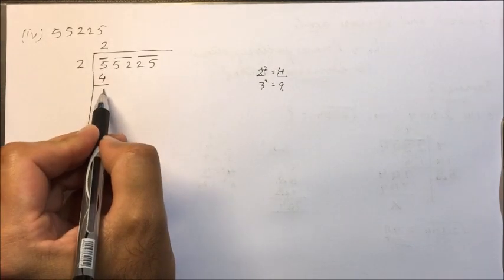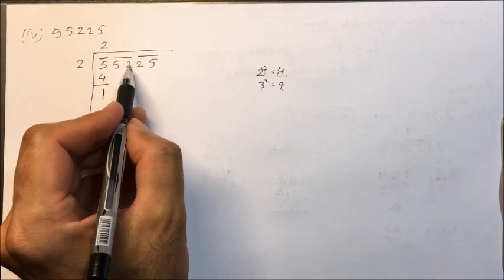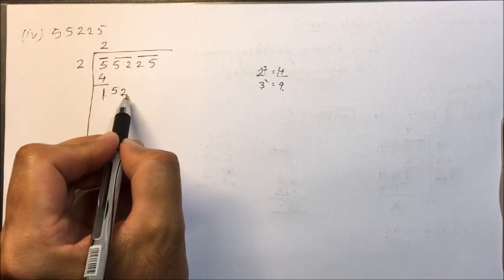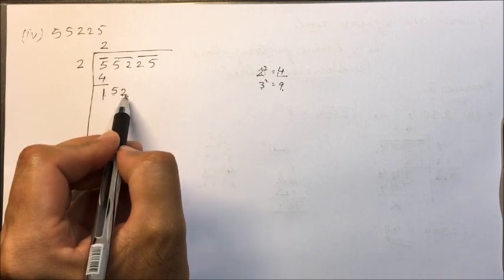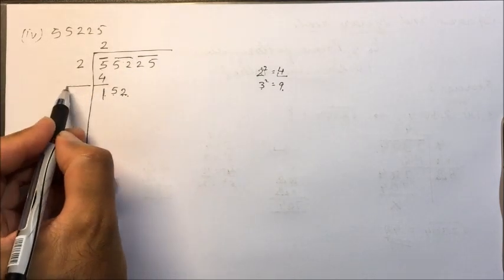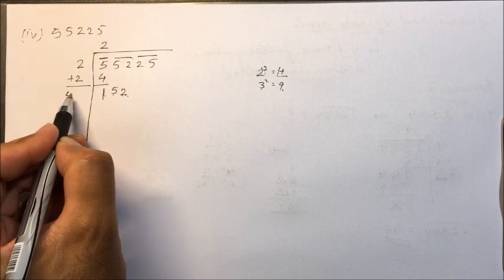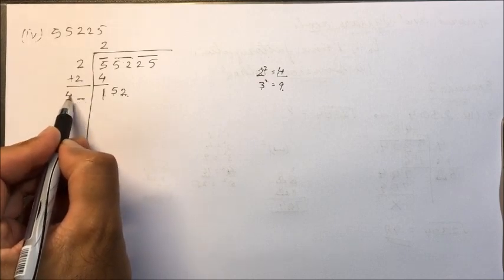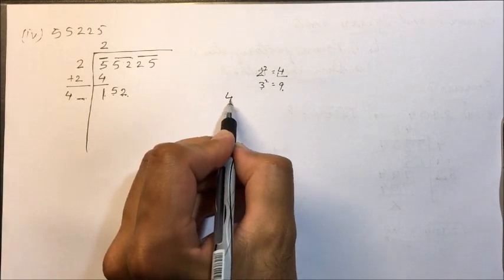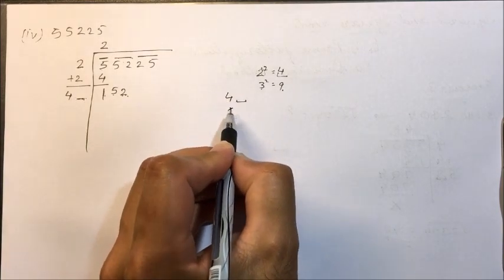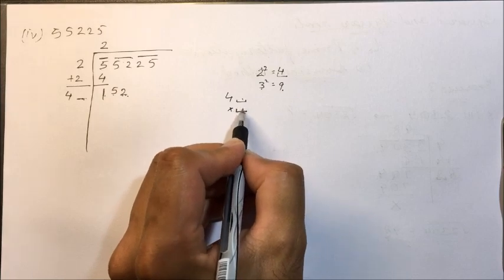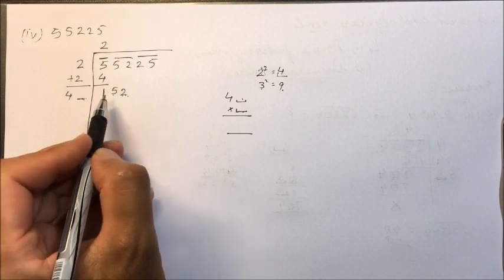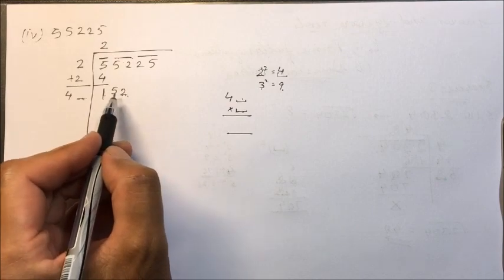Remainder will be 1. Now the second pair, this whole pair will be written here, 152. Here 2 plus 2 will be 4, and here we have to find one digit such that 4 and that digit, when multiplied with the same digit here, whatever product comes does not exceed 152.